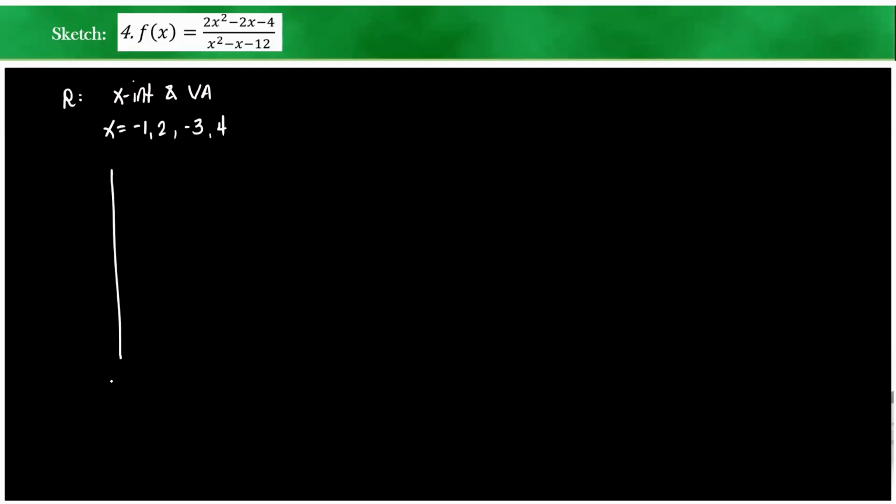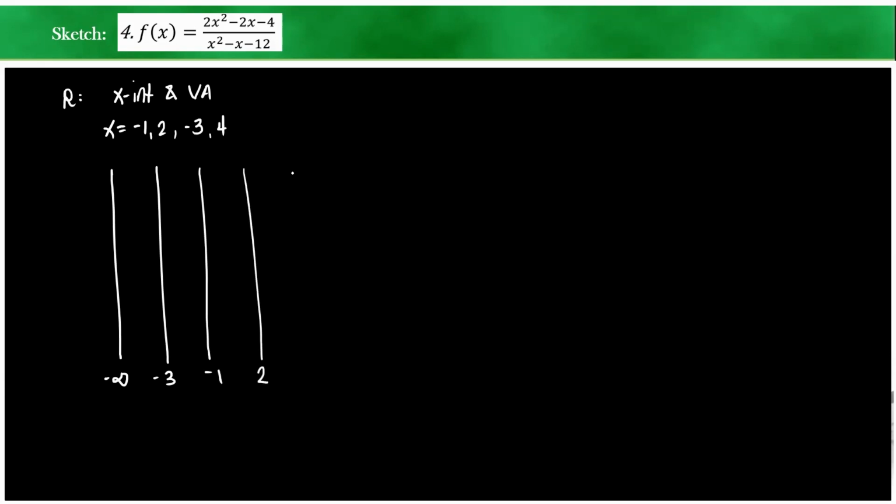So, negative infinity, let's start with -3, followed by -1, followed by 2, followed by 4, followed by infinity. So guys, look, the regions in here are defined by 4 x values. If you have 4 x values, the regions is always +1. So it has 5 regions.